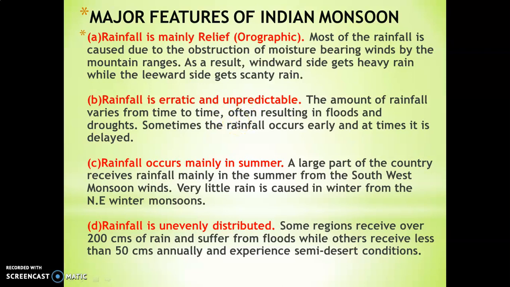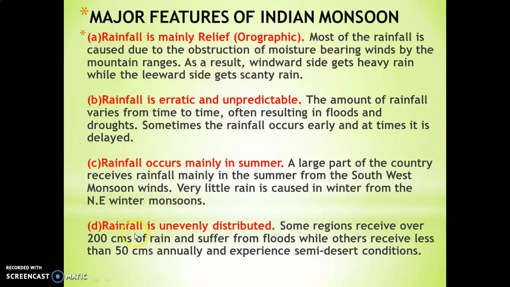In some years India suffers from floods, and in some years when India receives less rainfall from the southwest monsoon wind, drought occurs. Sometimes the rainfall is delayed; the arrival and departure of monsoon wind is not fixed, that is, unpredictable. Sometimes the monsoon winds come early in India, and sometimes they come late.